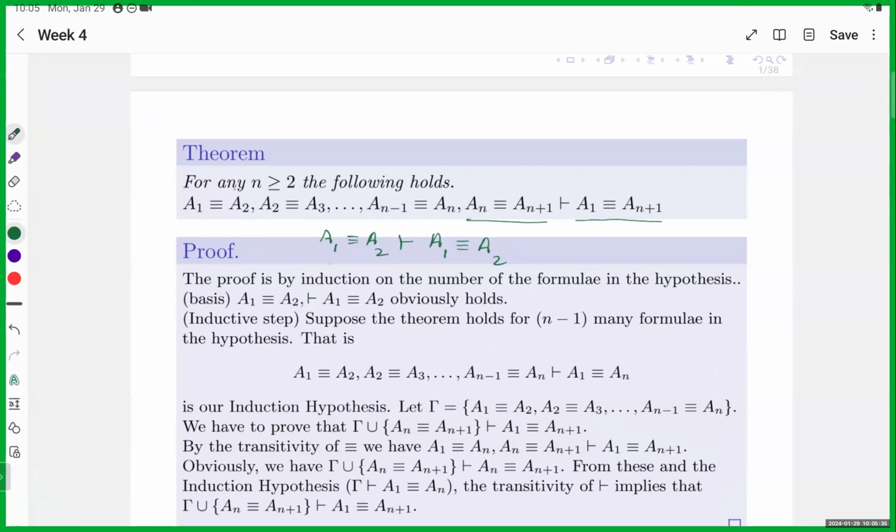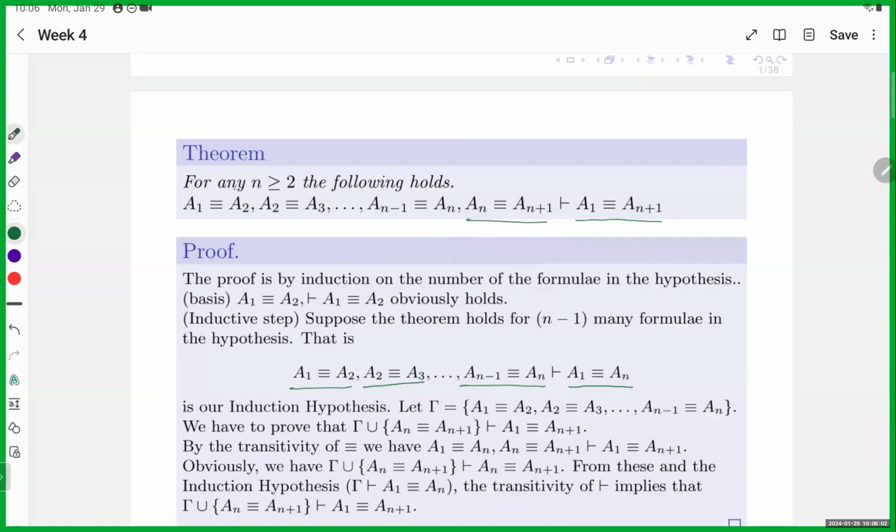The basis step, when you have only one hypothesis, is trivial. Now, the inductive step would be that you take the assumption that the statement is true when you have n hypotheses. That means A1 is equivalent to A2, A2 is equivalent to A3, and AN minus 1 is equivalent to AN. Sorry, this is n minus 1 many hypotheses.